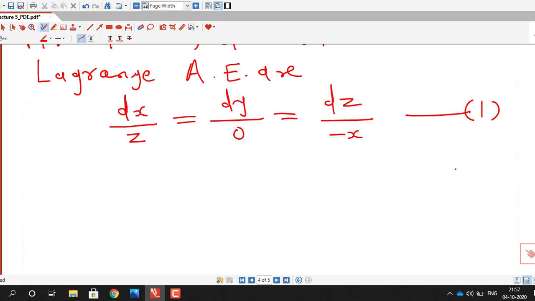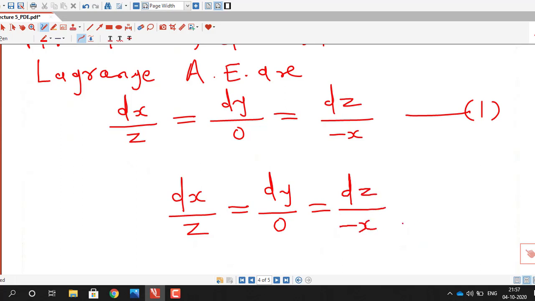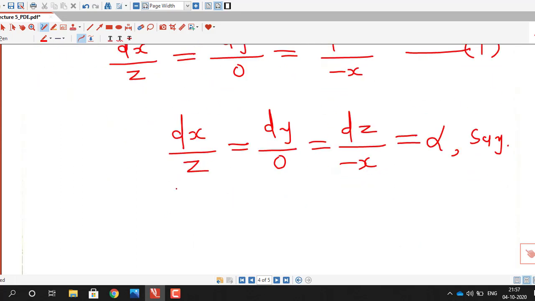Now here we have 0 in the denominator of y. So whenever we have 0 in the denominator of any differential, we can equate that differential directly equal to 0. That we understand in this way. All these fractions are equal. So suppose equal value is say alpha. Then from this I can write dy divided by 0 equal to alpha.